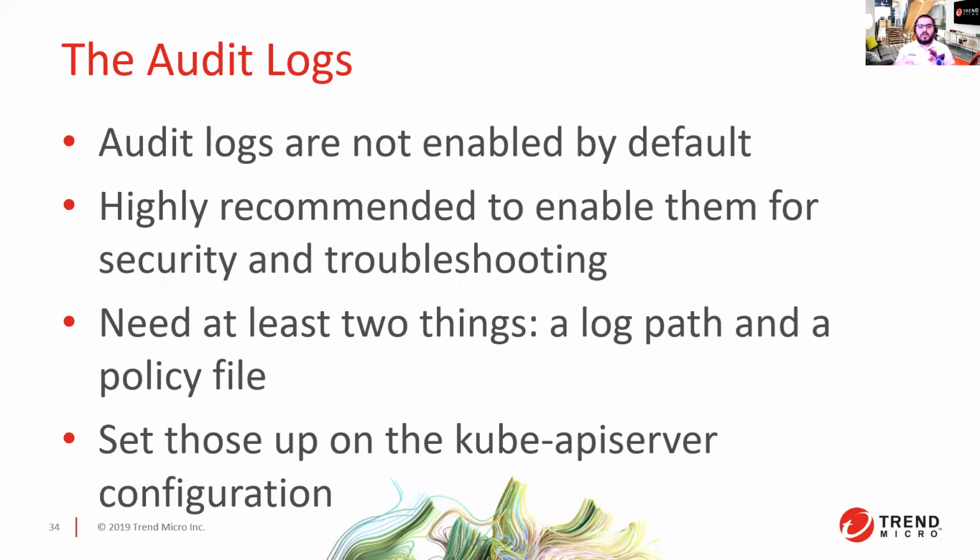So you specify the location of the log and which policy, meaning what you want to log. Some policies log just the request, or the request and response, or just the metadata. You set those up on the kube-apiserver configuration. If you're running on a managed service, for example in EKS, it's just a click of a button to enable those logs on AWS, and they go to CloudWatch.